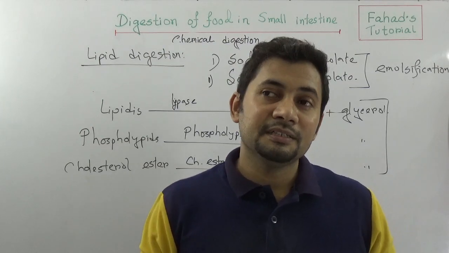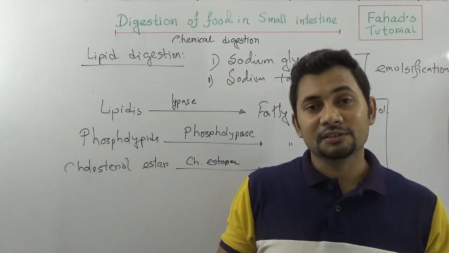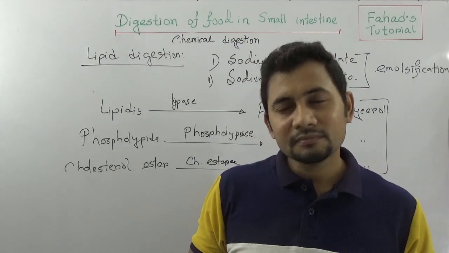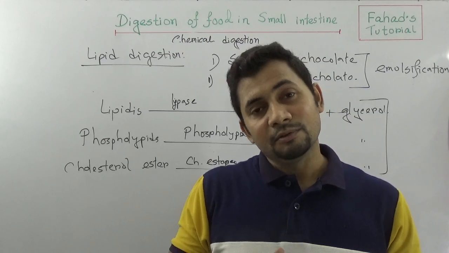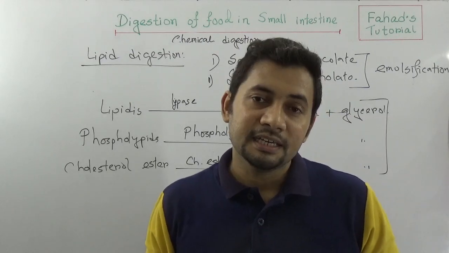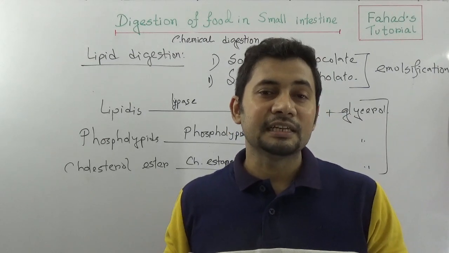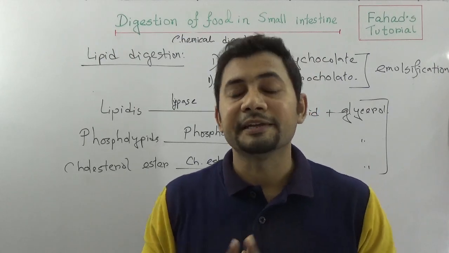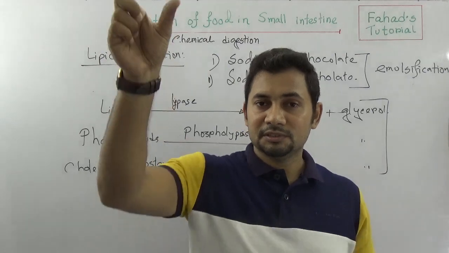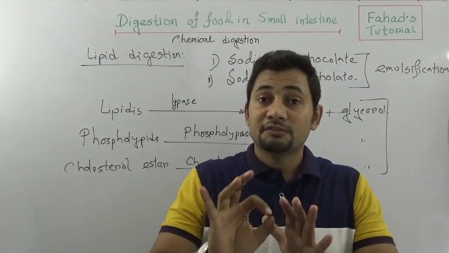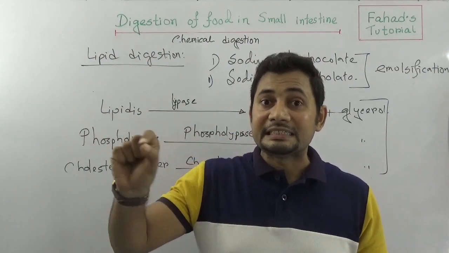In your lipid digestion process, triglyceride will also be breaking down, and also lecithin will be breaking down by lecithinase and will produce fatty acid, glycerol and choline. So hopefully when you study the digestion process in the small intestine, try to write all these changes.